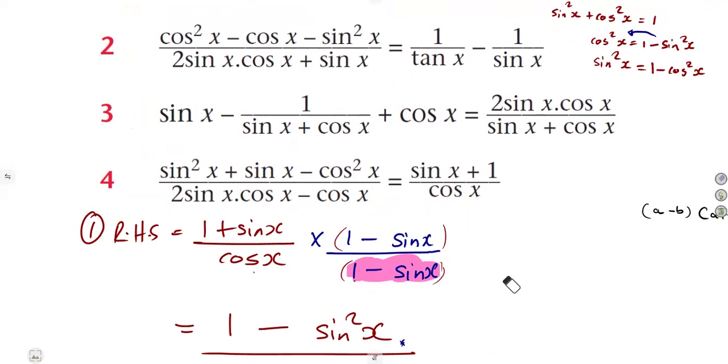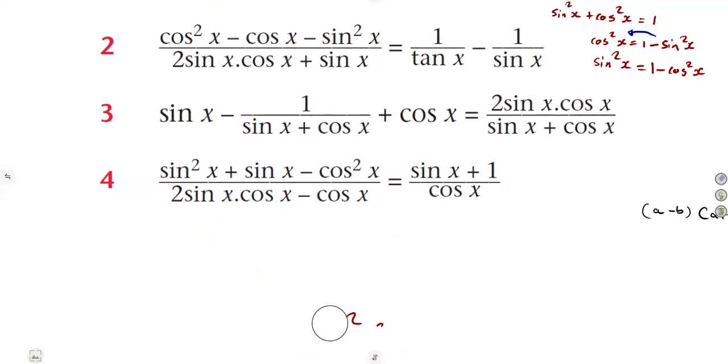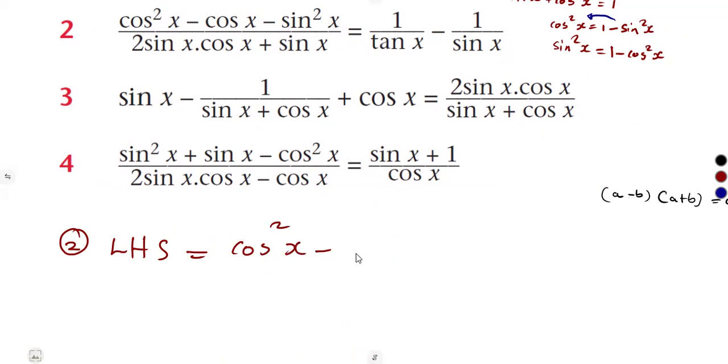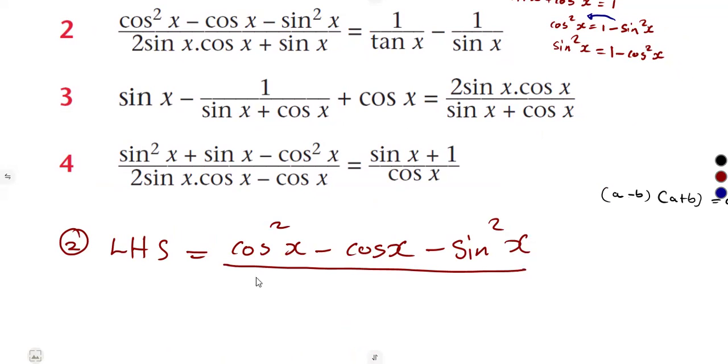Let's look into question number 2, another complicated one, but the more complicated part is on the left-hand side, guys. If you check properly, it is best that we work from the left-hand side. So for number 2, I'm going to choose the left-hand side, where I have cos squared of x minus the cos of x minus the sine squared of x, everything over 2 sine of x times the cos of x plus the sine of x.